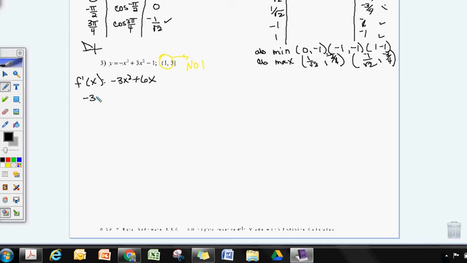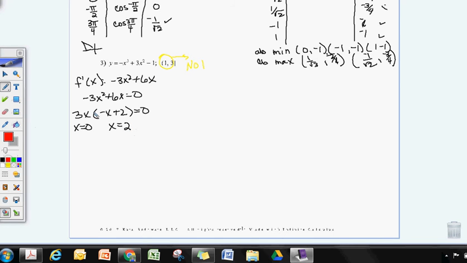Set that equal to 0. And when I do that, I see that there is a GCF of 3x, and I'd be left with negative x plus 2 equals 0. And x would equal 0 when I set it equal to 0, and x would equal 2.